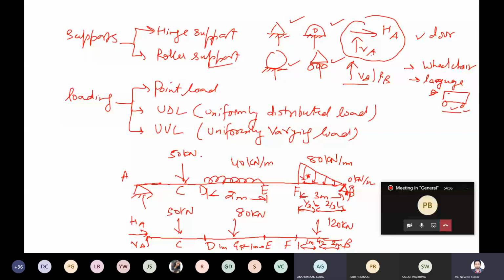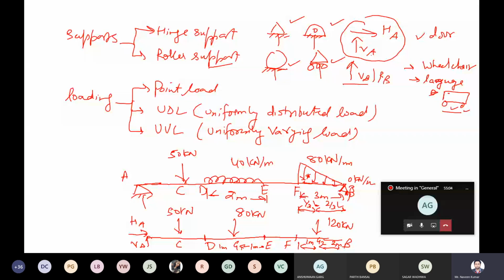Sir, how did you calculate the point of application for UDL? See, for UDL, it is uniformly distributed, meaning evenly distributed over the entire length. The length here is 2 meter, so it is evenly distributed. So what will be the point of application of the point load?